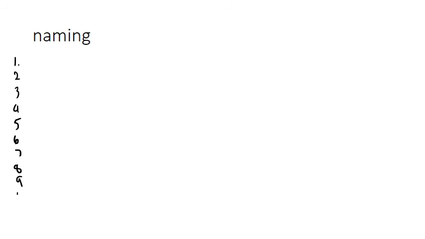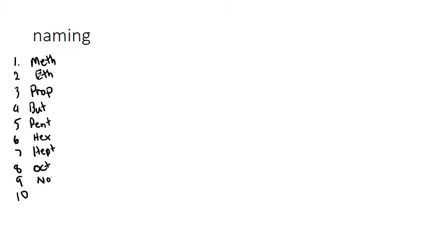So we go meth, eth, prop, but, pent, hex, hept, oct, non, and dec. Okay, so this is our prefix. And our suffix depends on what it is.